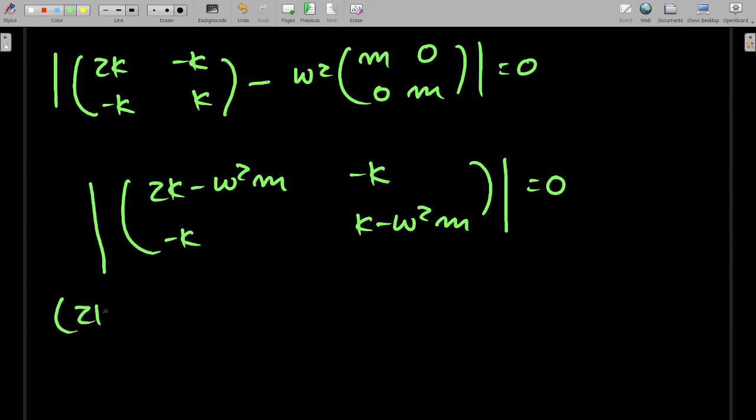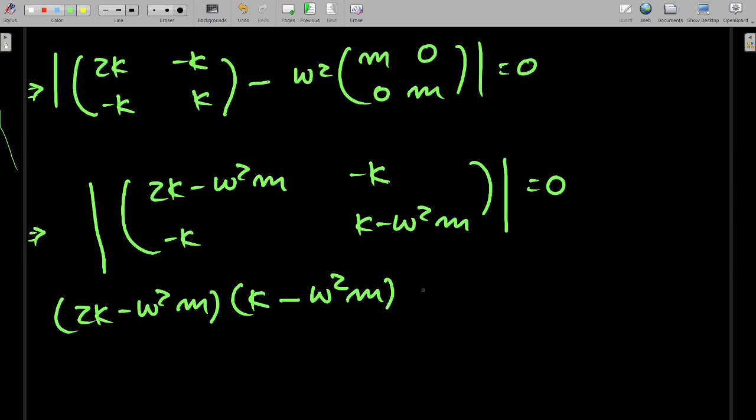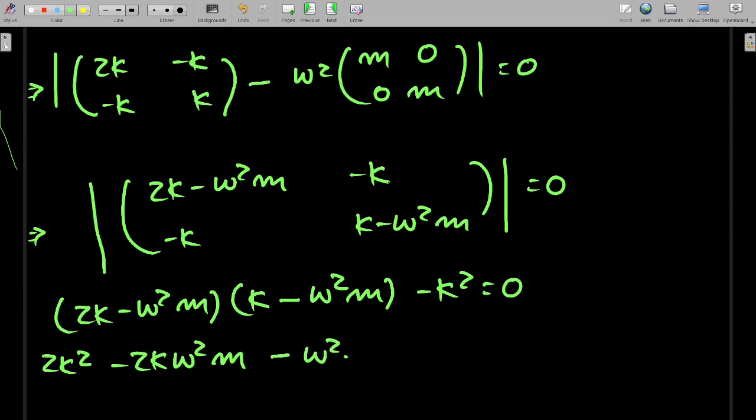We will get (2k minus omega square m) into (k minus omega square m) minus k square equal to 0. 2k square minus 2k omega square m minus omega square mk plus omega to the power 4 m square minus k square is equal to 0.